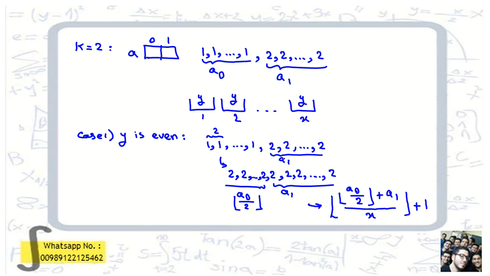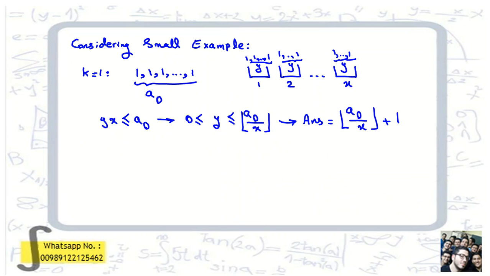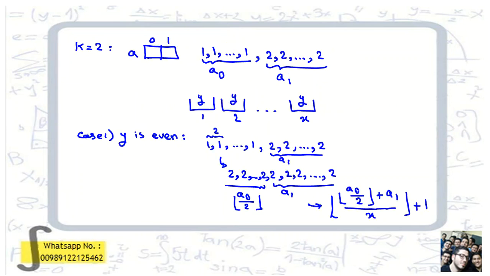Now, all of them are 2s. It is like the previous case, where all of them were 1s. So the answer is the number of 2s over x, the floor of that plus 1: floor of (floor of A0 over 2 plus A1) over x, plus 1.